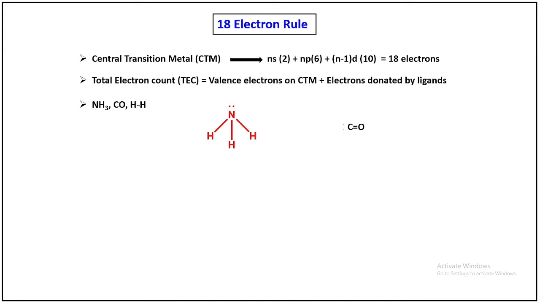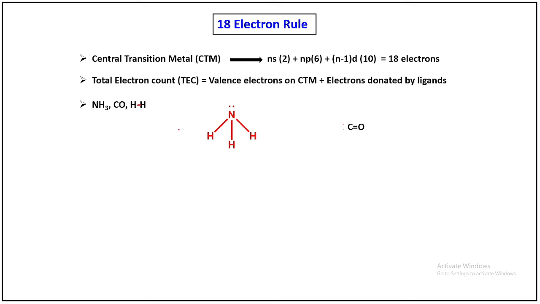Similarly, if we consider any sigma bond, for example, H sigma bonded with another H, hydrogen. Any sigma bond is made of 2 electrons. Hence, sigma bond will also be 2 electron donor. In many cases, the number of electrons donated may vary depending on whether the ligand is at the terminal or at the bridging position.